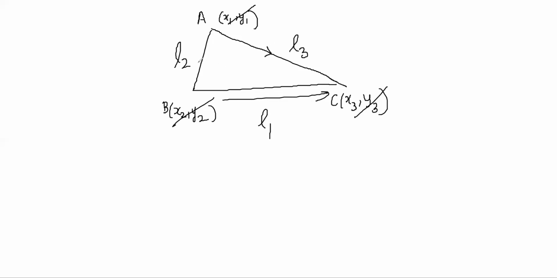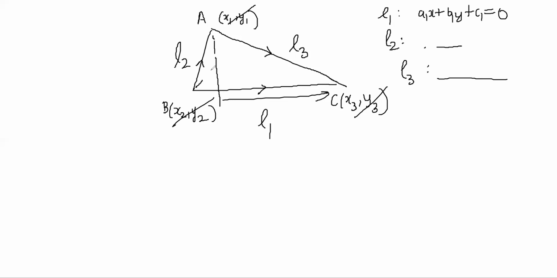These three lines were given, right? So line equations are given. L1 is a1x plus b1y plus c1 is equal to 0, so on, right? L1, L2, L3 are given. And suppose you want to find orthocenter, right? So this H you have to find.